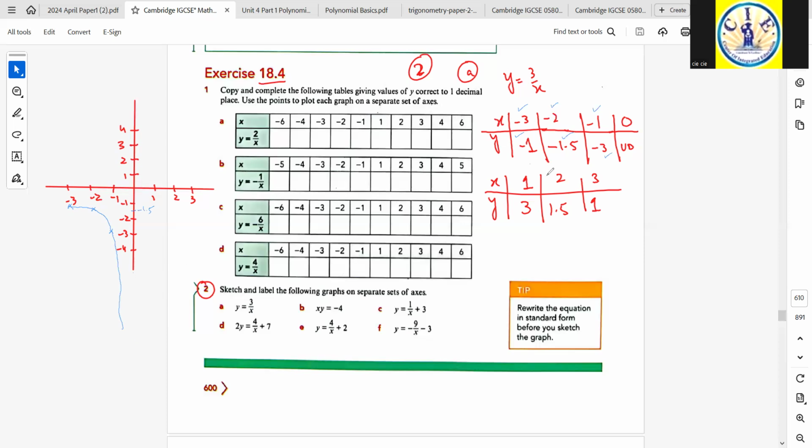Okay, now for this particular thing, 1 corresponds to 3, 2 corresponds to 1.5, here is 1.5, and then 3 corresponds to 1. So like this, and then this, this. So this is a graph of y is equal to 3 divided by x.